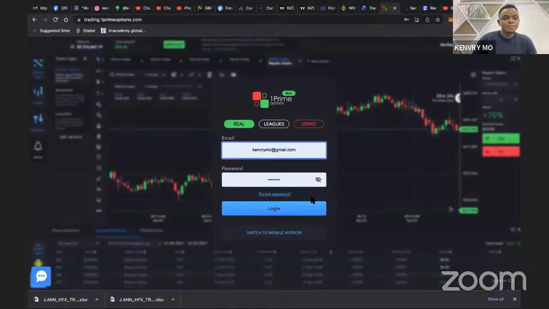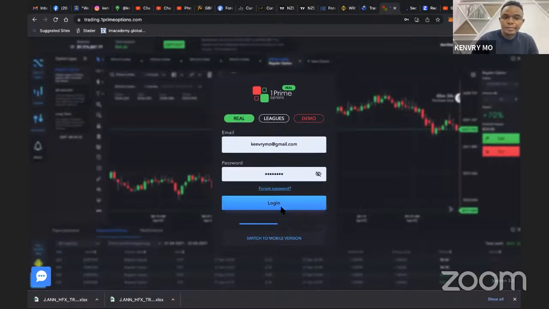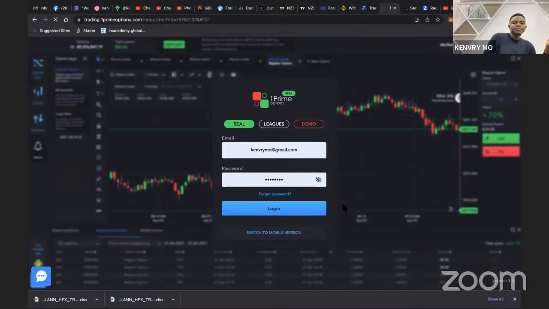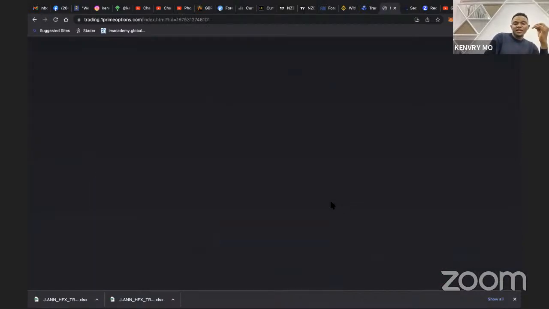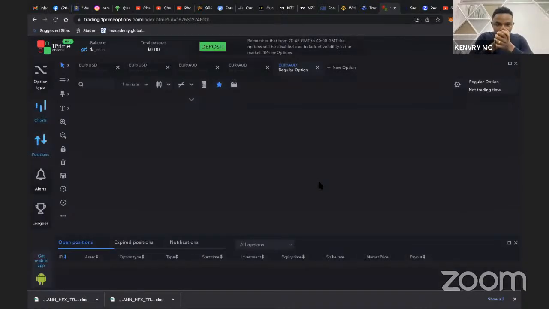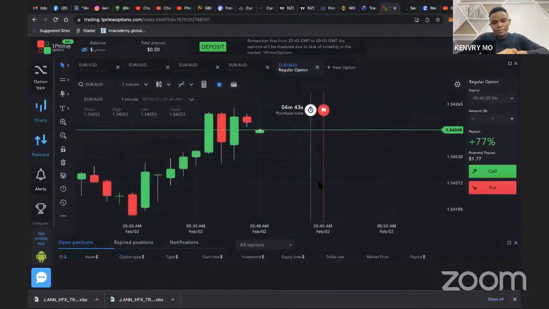Okay, so you log in. It's a very simple broker. The interface is beautiful. One of the reasons you're going to love it is because most of you have used IQ Option.